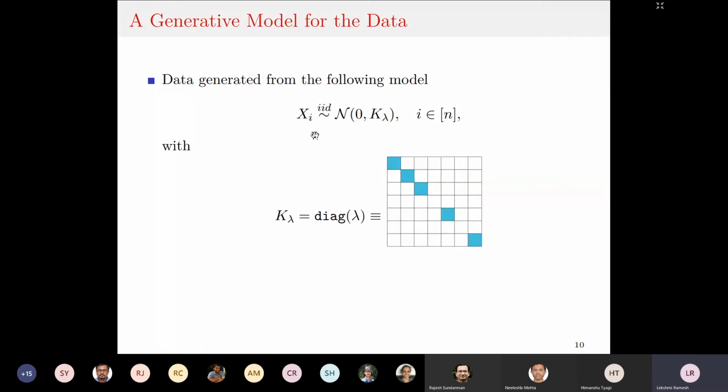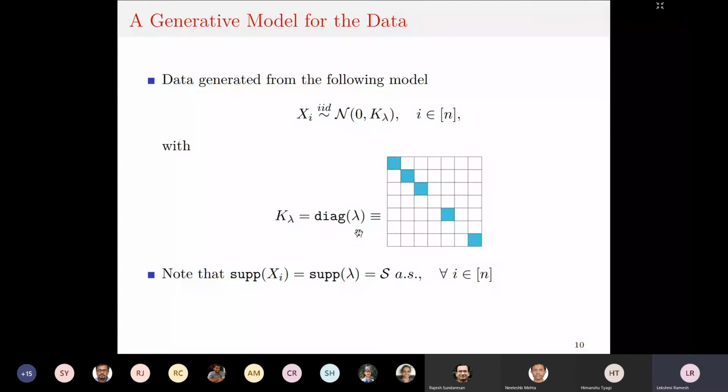So the covariance matrix of the samples is a diagonal matrix, and the entries on the diagonal we will denote using this vector lambda. The support of this vector lambda coincides with the support of the samples. So any vector drawn from this distribution will have support equal to S almost surely.